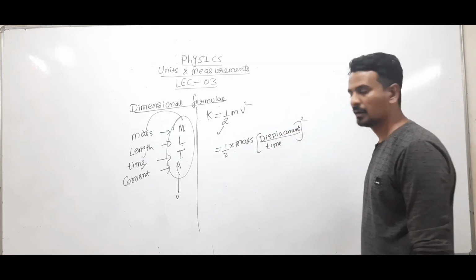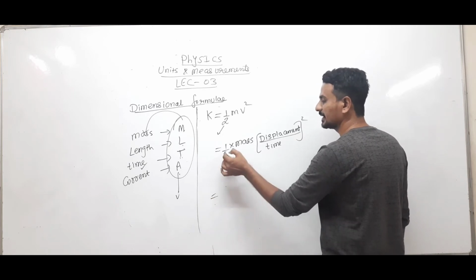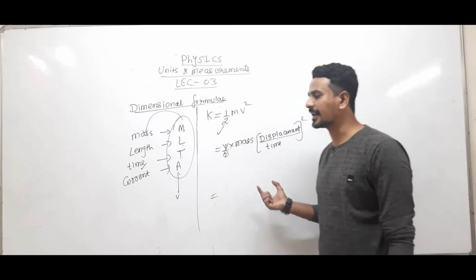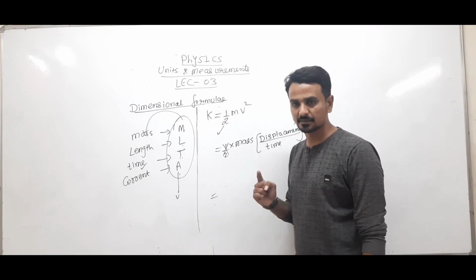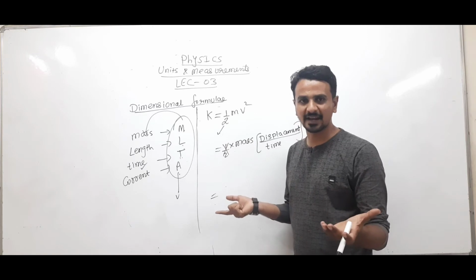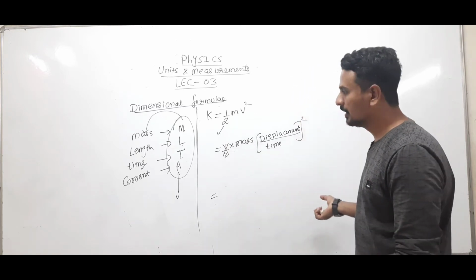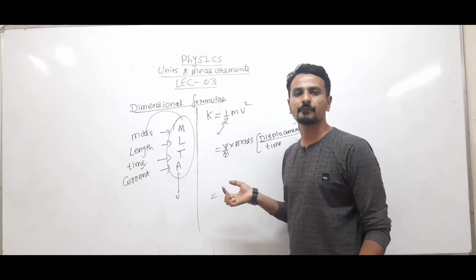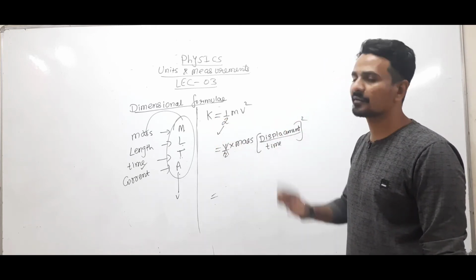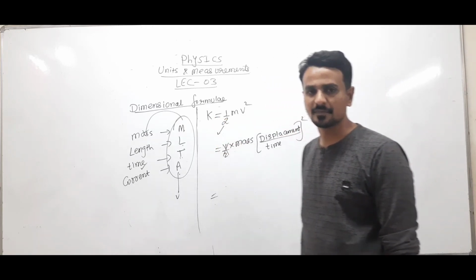Clear, right? Now, as I said, half will not have any dimensions, so I am not including it in writing the dimensional formula. That does not mean that you can cancel half or you can ignore it. No, we just don't need this half to write the dimensional formula of the kinetic energy, because half is not a physical quantity, it's a constant term. Right?